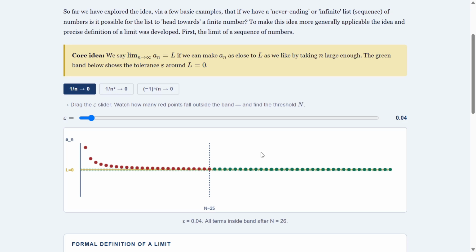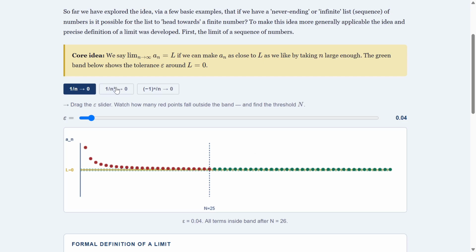But in addition, all subsequent numbers in our sequence also lie within that boundary. And more than that, that remains true no matter how small epsilon is, how close it gets to 0.